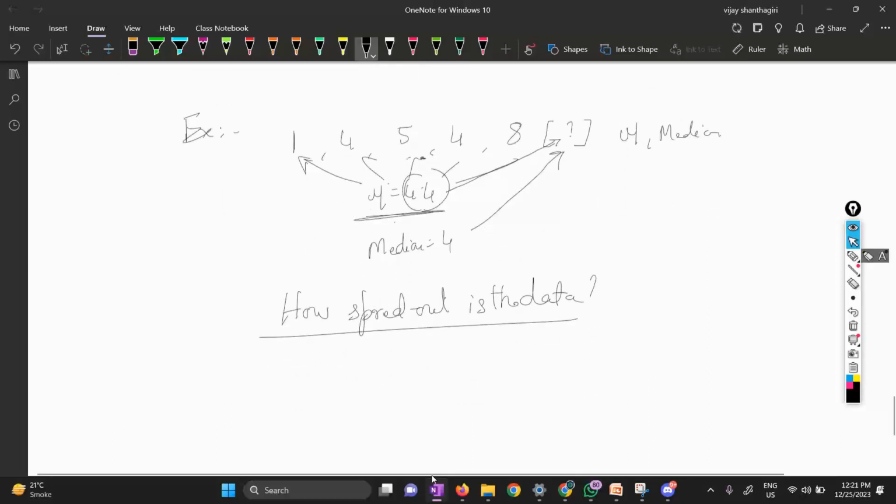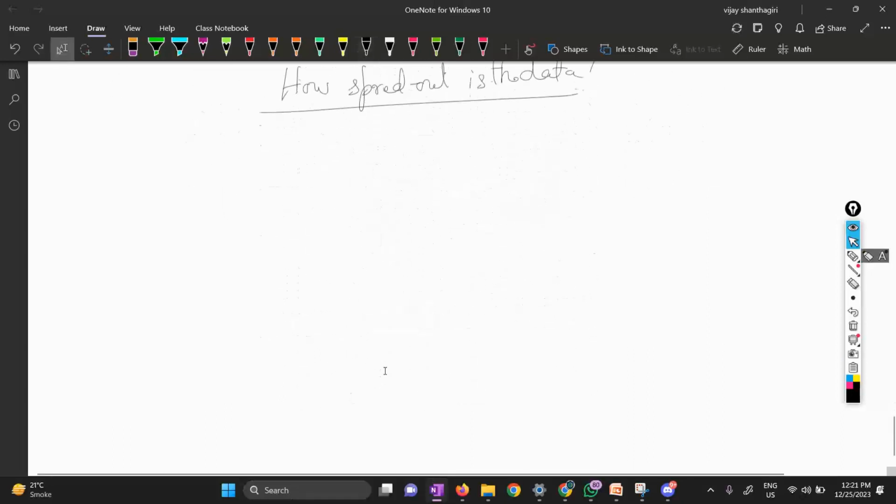So for that, we follow a set of steps, and you see what we are doing. First, we find the mean value. How much? 4.4. Then what we do is mu minus x, where x is this whole distribution.